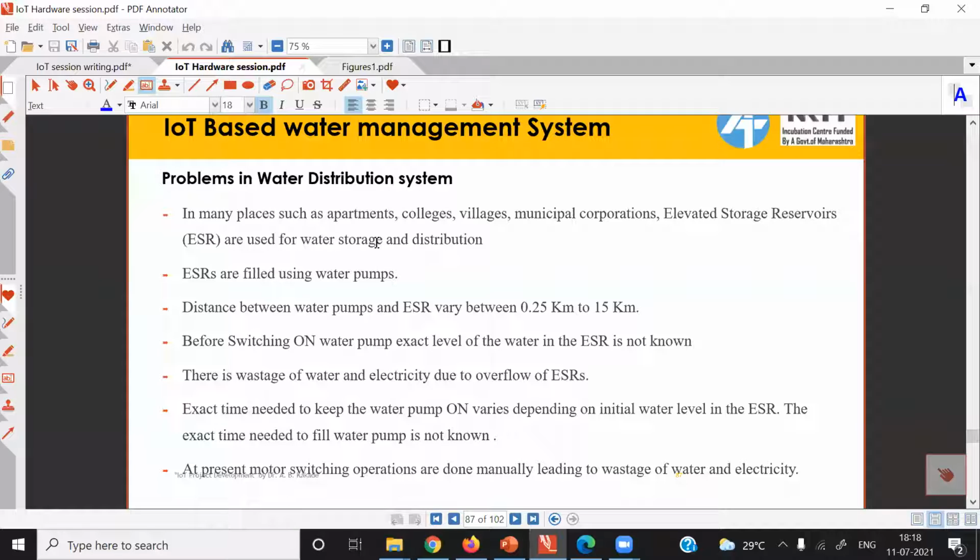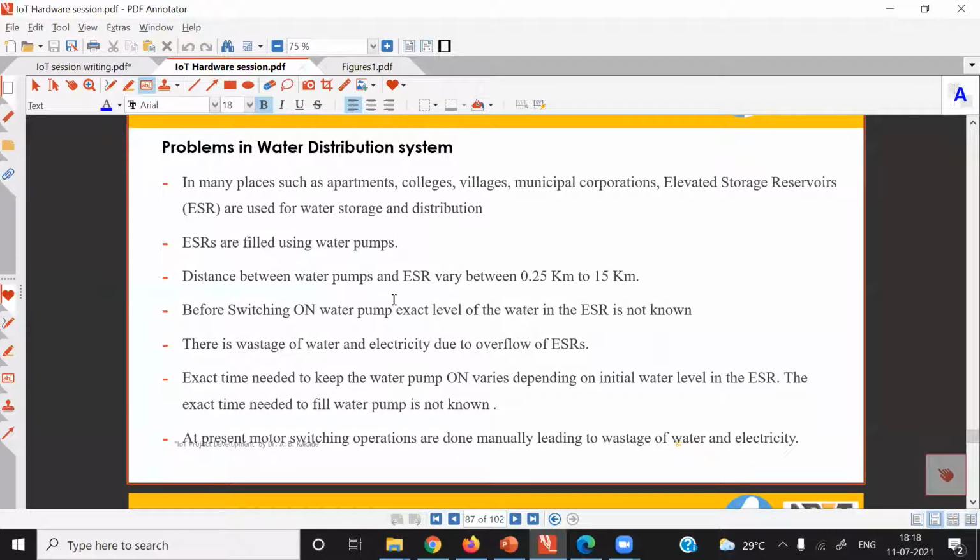Depending upon the capacity of the water pump, the overflow of water may be large. Many times the distance between the overhead water tank and the motor pump is large, especially in villages. The source of water is a river or well, and the overhead water tank may be inside the village. So the distance may be up to 15 kilometers.